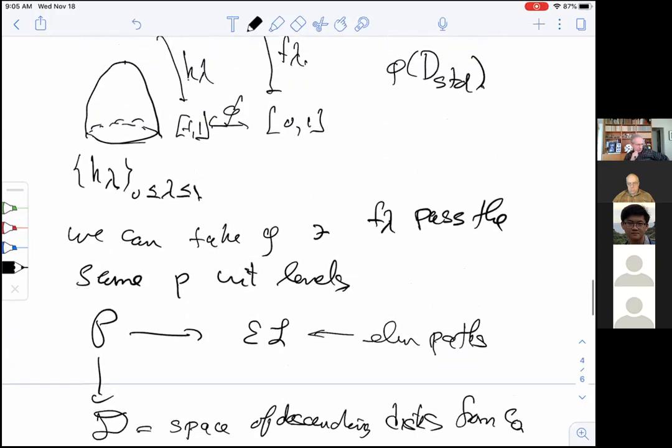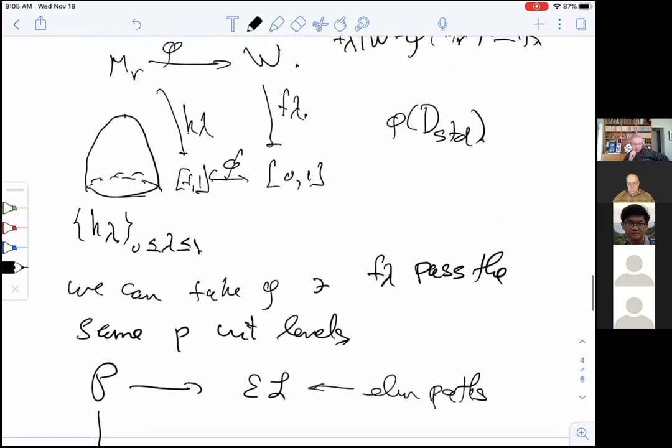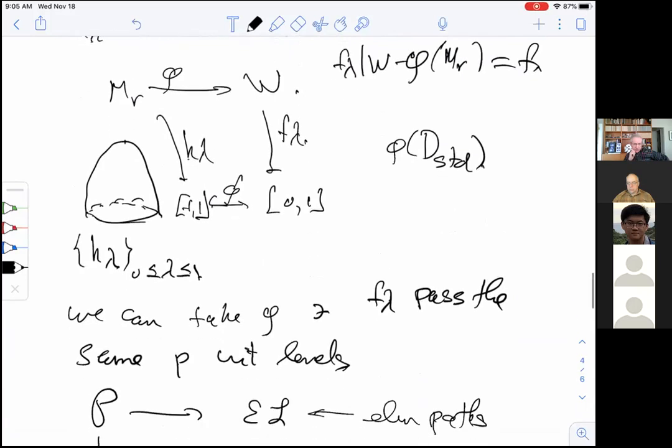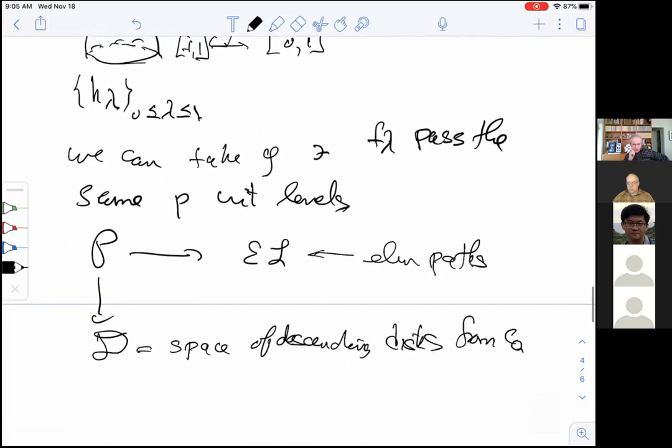So by definition, an elementary path arises from an embedding of the standard model like this, and the standard path of functions in the standard model. And these are both required to pass the P critical levels. I call this map rho, and I call this map D.